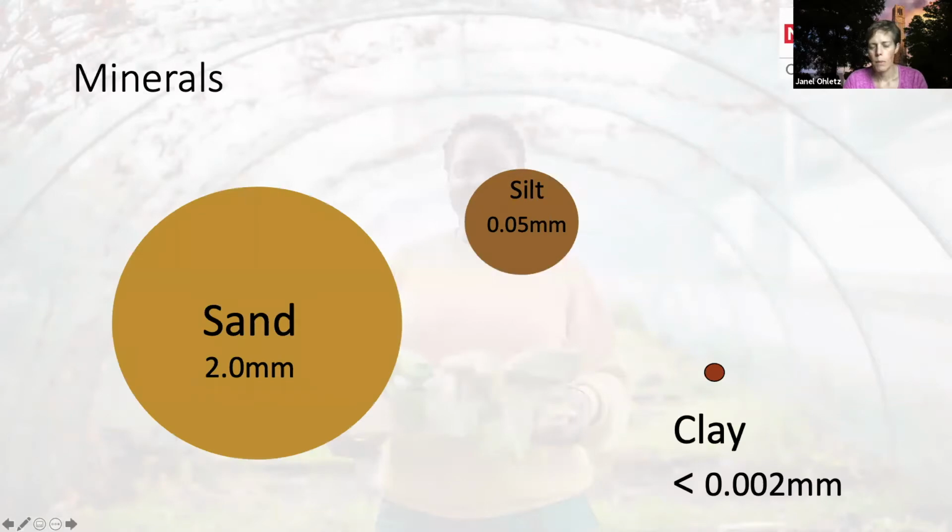And then that mineral component is made up of 3 types of particles. They are of specific sizes: sand, which is your larger particle. It makes the soil gritty. And the silt, which makes it very silky and smooth, is slightly smaller.